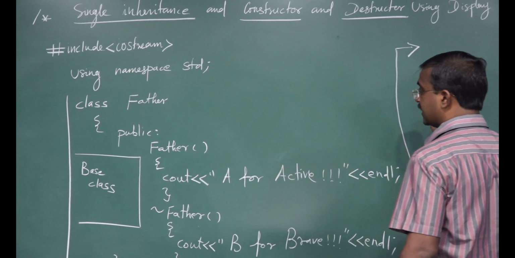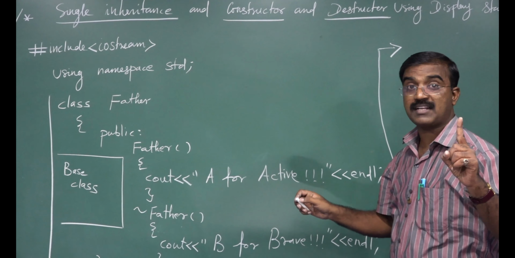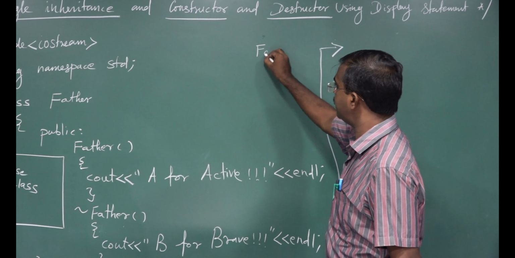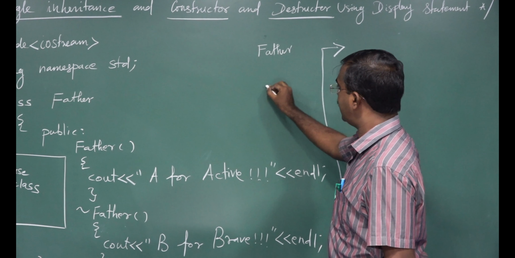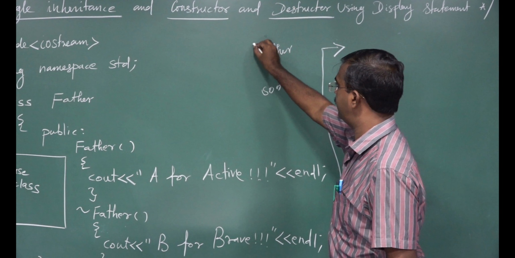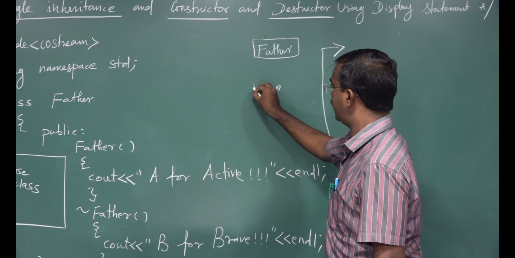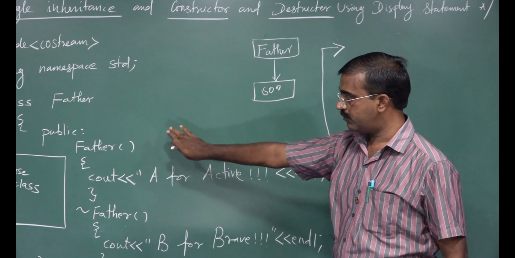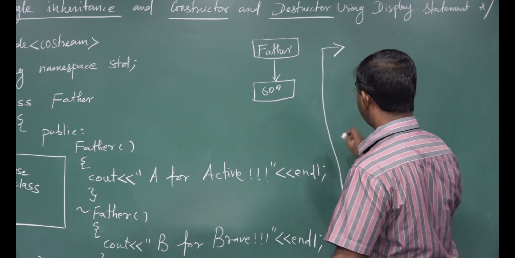We know single inheritance means only one base class, only one derived class. In this code, the base class is Father and the derived class is Son. That's why we're writing this code. We already declared the base class, which is over, but now we'll see the derived class.